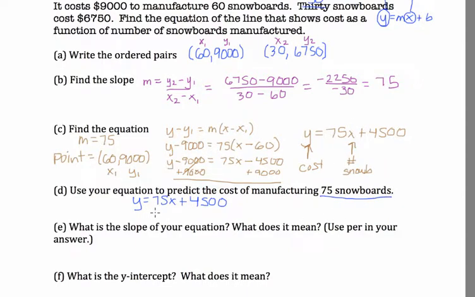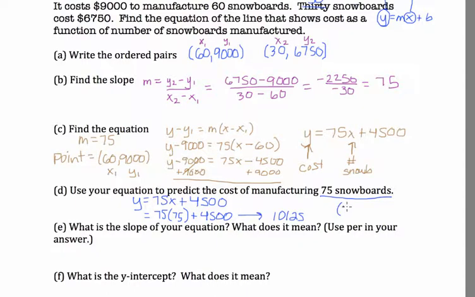That's what x is. So sub in 75 instead of the x. I punch that into my calculator: 75 times 75 plus 4,500. And I get $10,125.